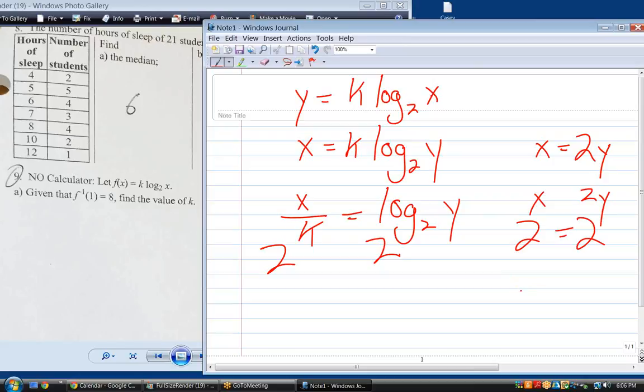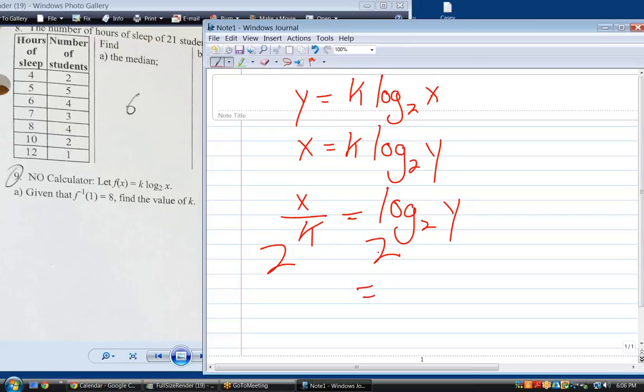Or I can say that e to the x equals e to the 2y. In other words, I can put whatever I want underneath those. And that's what I did here. I exponentiated each one of them, with 2 as the base, on each side of the function. And notice what that leaves on the right side.